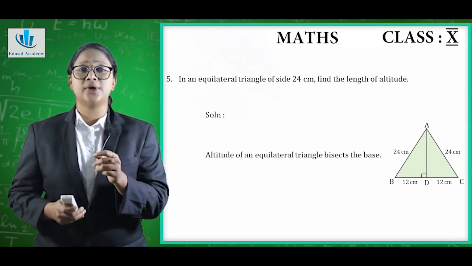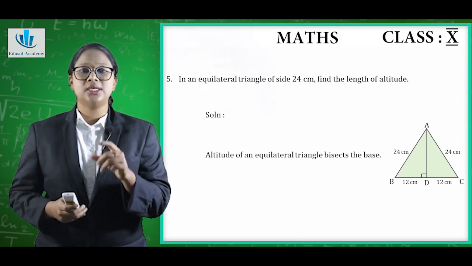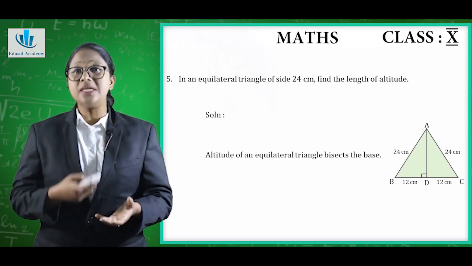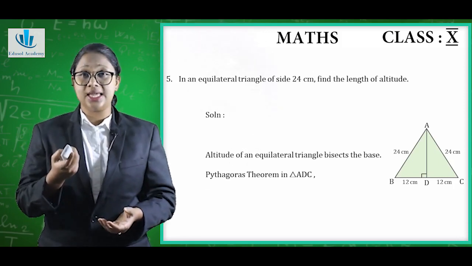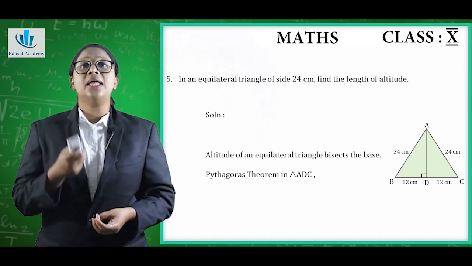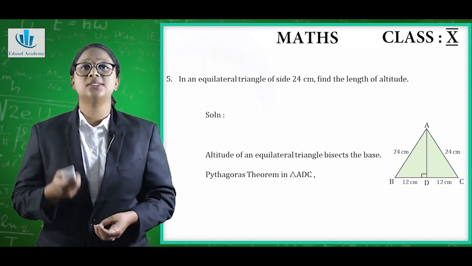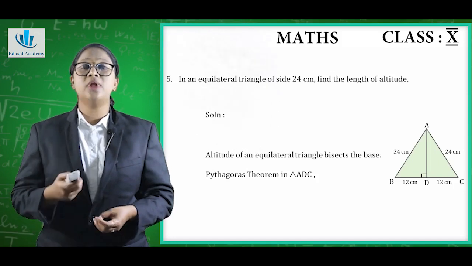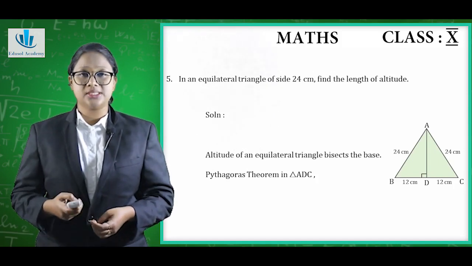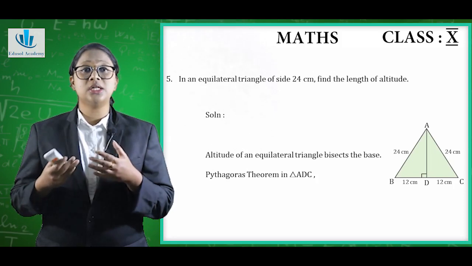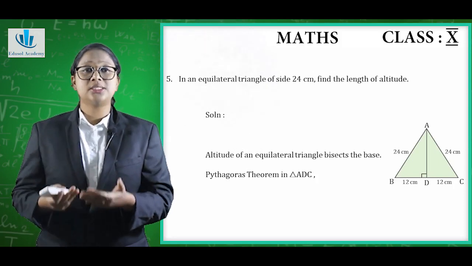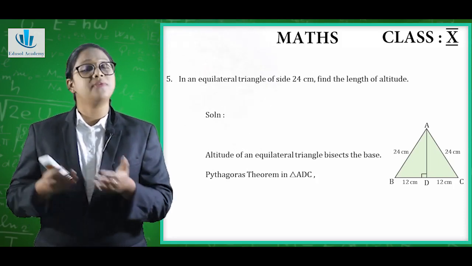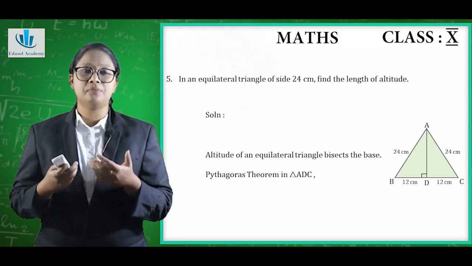So in an equilateral triangle, the altitude is the median itself, which means that, in the case of triangle ABC, the line AD is at the same time perpendicular to BC and will bisect BC. Means that BC, which was initially 24, is now divided into 12 and 12, equal halves to be precise.